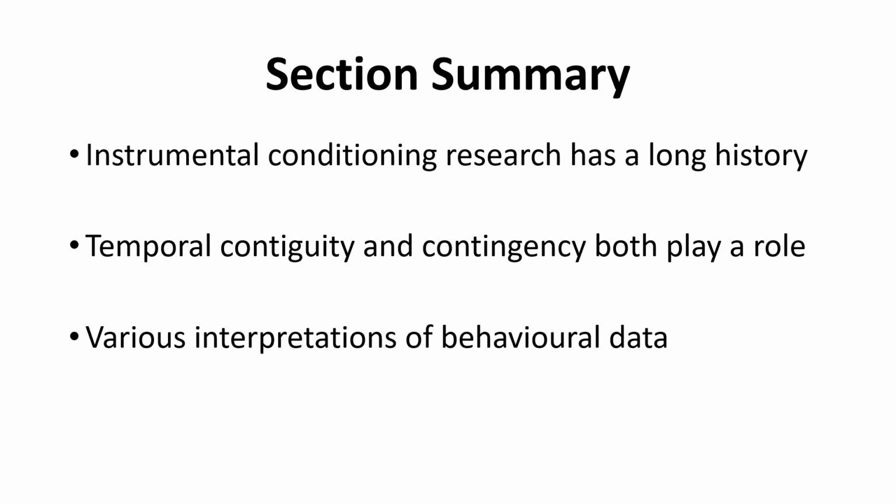We started with Thorndike, we moved on to Skinner, and then we talked about how we've gone from there into modern views. We've talked about how temporal contiguity and contingency both play a role in what we learn and how we learn it, and we can have lots of different interpretations of behavioral data, specifically looking at Skinner's superstition experiment and then the follow-ups.